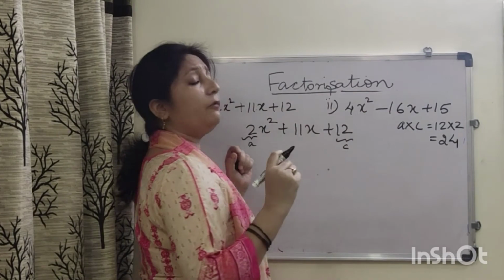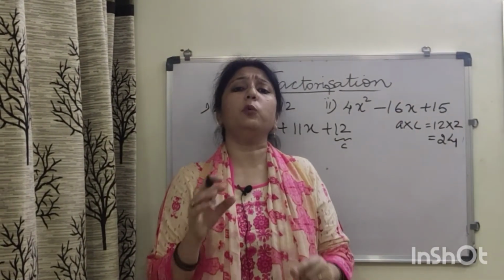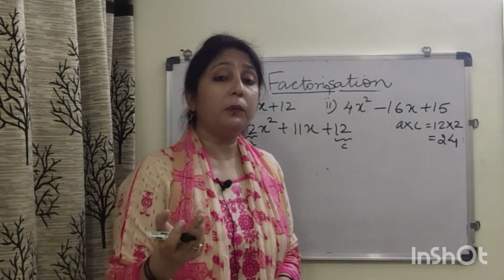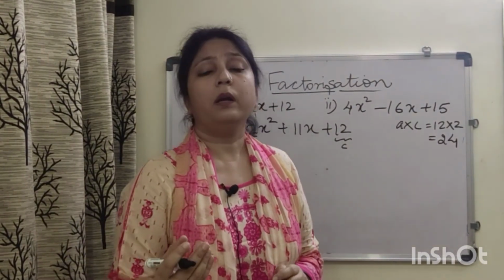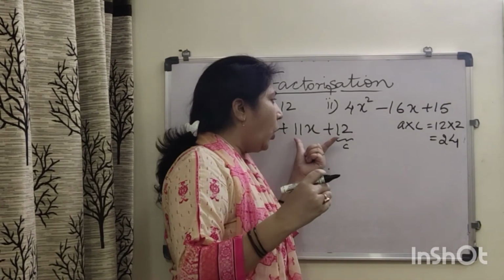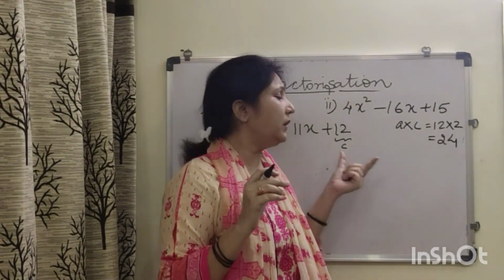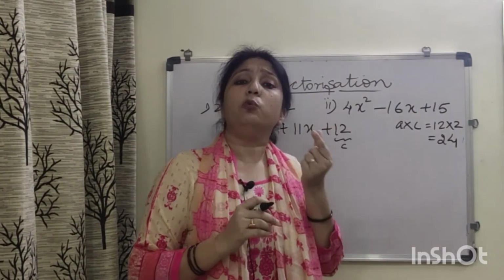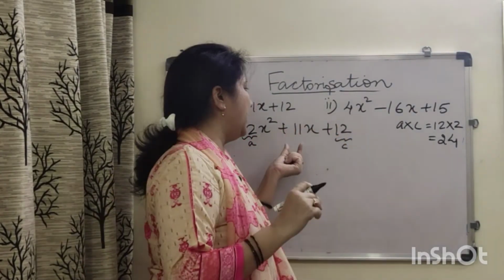Now get the factors of 24 in such a way that their sum or difference is 11. 12 twos are 24 or 8 threes are 24. I want to tell you one trick here: when all these signs are positive, we choose the factors whose sum is the midterm.